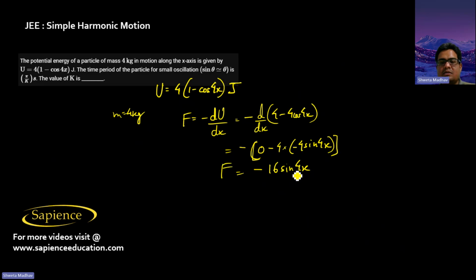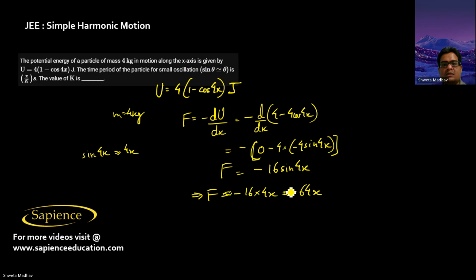Force is equal to minus 16 sine 4x. Now, theta is very small, so sine 4x is approximately equal to 4x. So therefore, the force will be equal to minus 16 into 4x, that is equal to minus 64x, which is equal to minus kx.